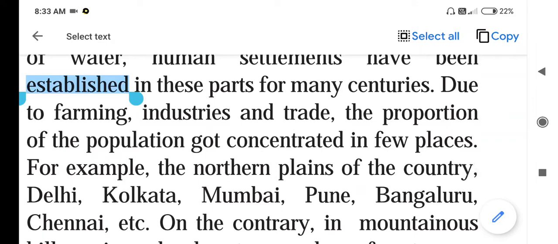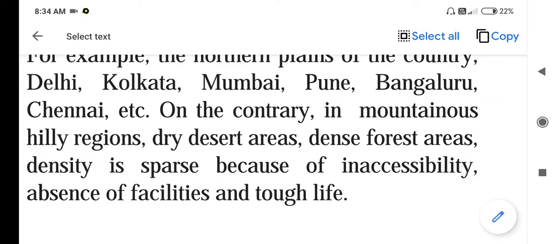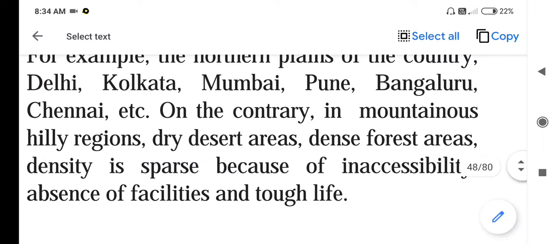Here are given Delhi, Kolkata, Mumbai, Pune, Bangalore, Chennai. These are all metro cities where industry and trade facilities are available, so their population is more. On the contrary, in mountainous, hilly regions, dry desert areas and dense forest areas, density is sparse because of inaccessibility, absence of facilities and tough life.